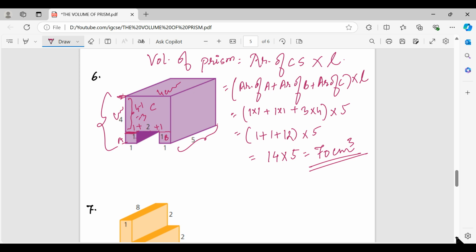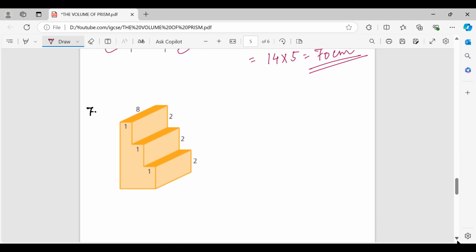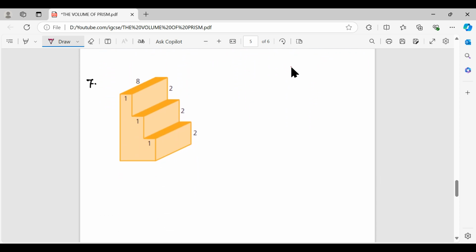Okay, let's go to another shape. Now here the cross section is different. You can say that again this cross section is divided into three parts. See, 1, 2, and 3. So you can find three rectangles here.